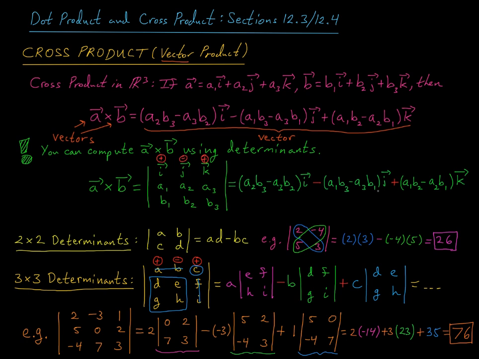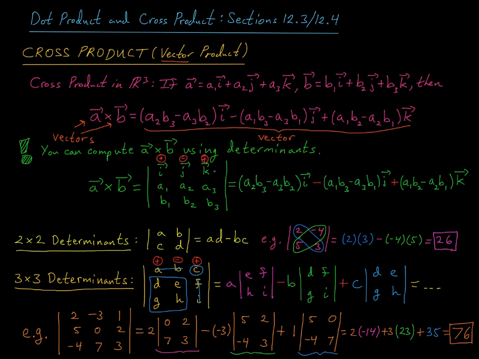And then, due to the sign change, I have a minus, and then I'm looking at the j next, so that's right there. And then I delete out column 2 and row 1, and that leaves me with the determinant A1B3 minus A3B1, and that's exactly what I had up here.